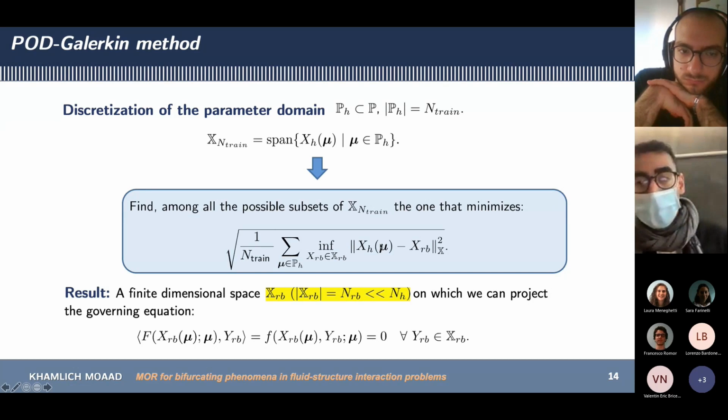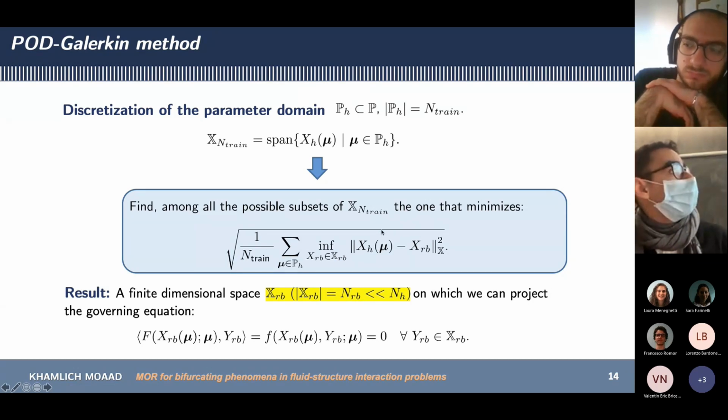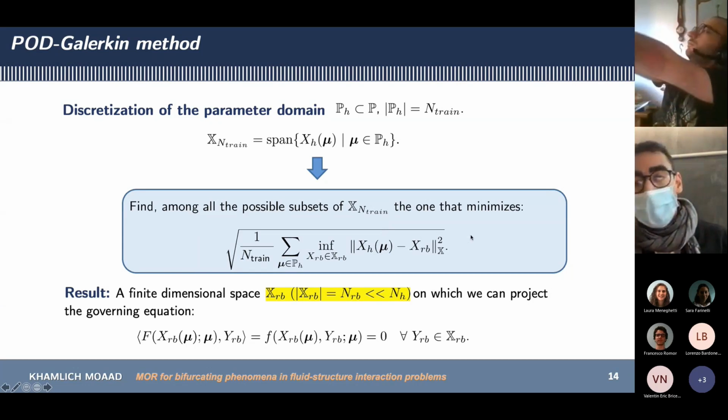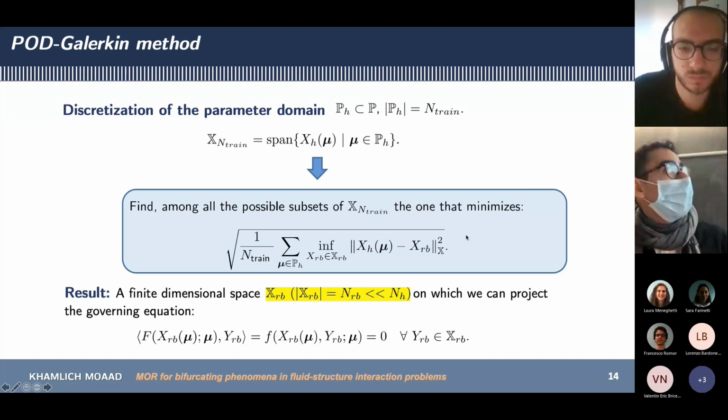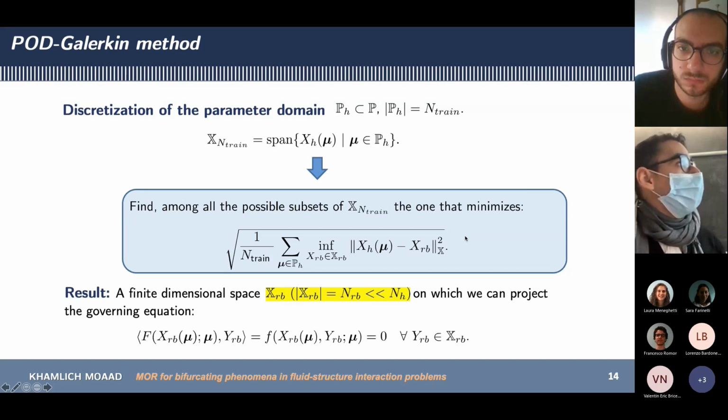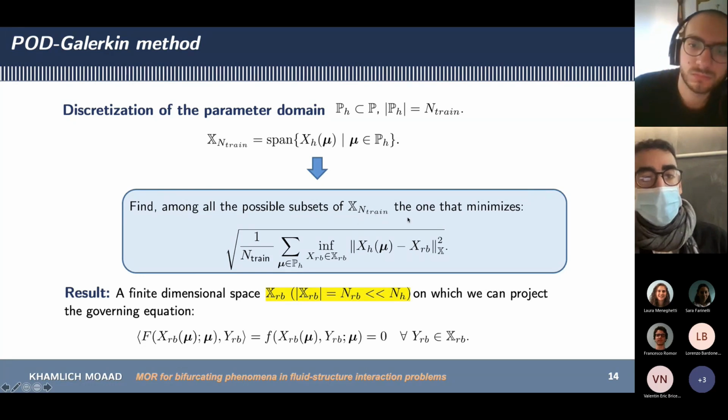And this procedure is called proper orthogonal decomposition. And the nice thing about it is that it can be carried out quite effectively and efficiently by resorting to an eigenvalue problem.